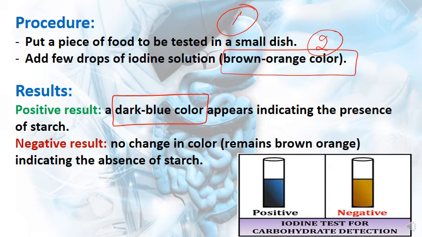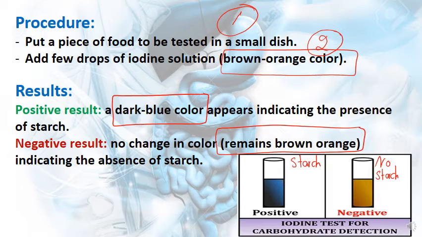This dark blue color indicates the presence of starch. While for the negative result, there is no change in the color, so we have a brown orange color. This indicates the absence of starch. Here there is no starch since the color is brown orange.